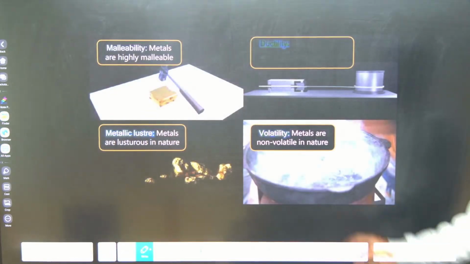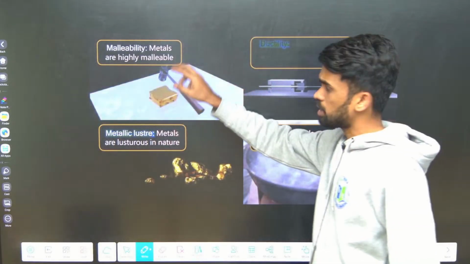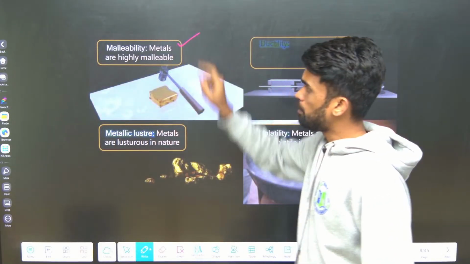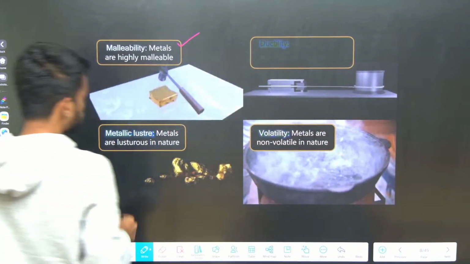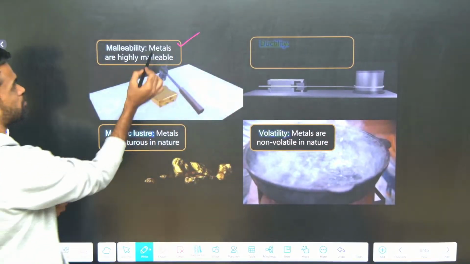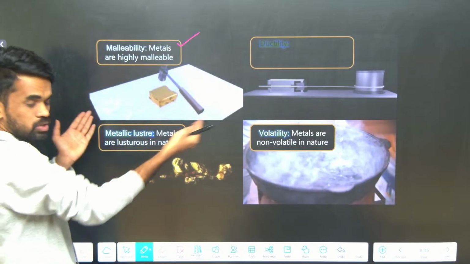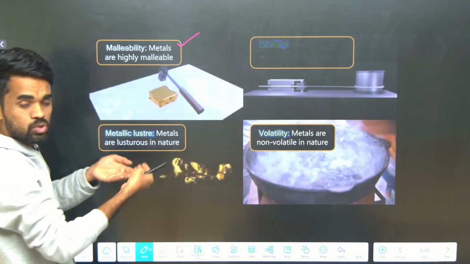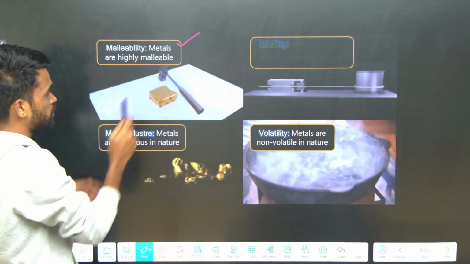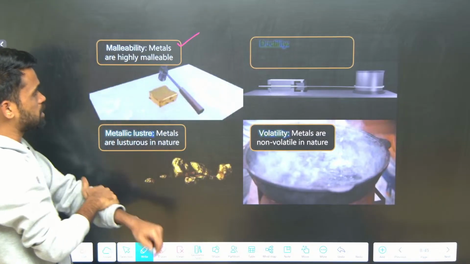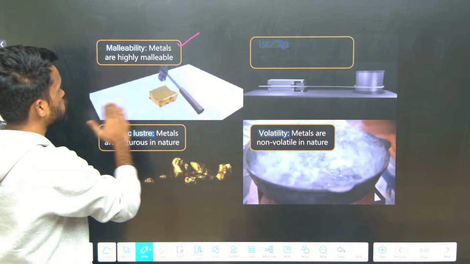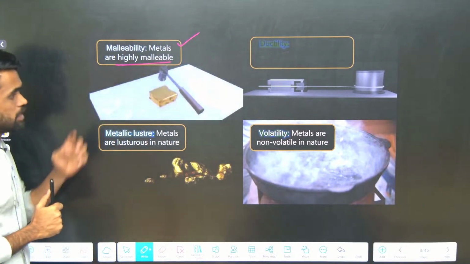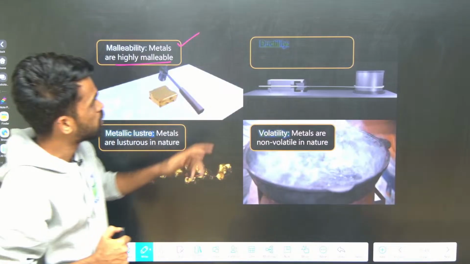I hope you are clear on what exactly malleability and ductility are. Malleability is the ability of metals to form sheets. When we apply some stress on it, it converts into thin sheets, and that is what we call malleability.